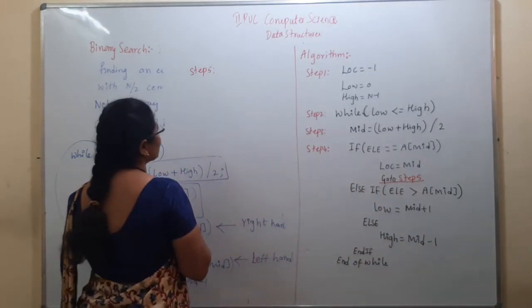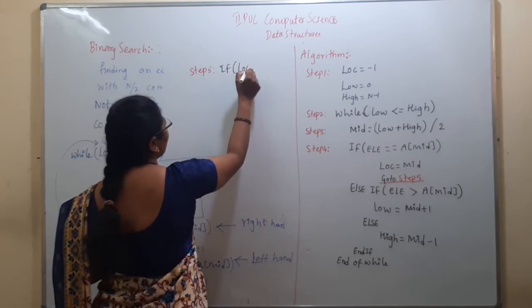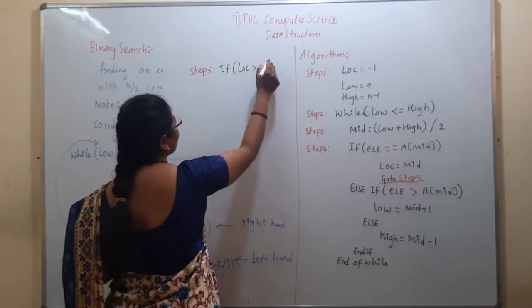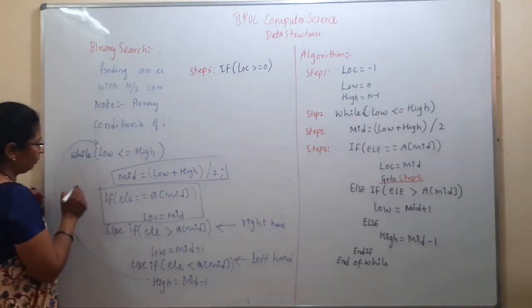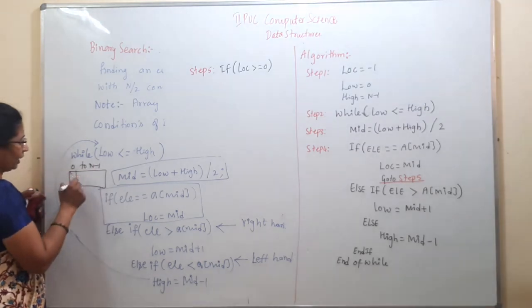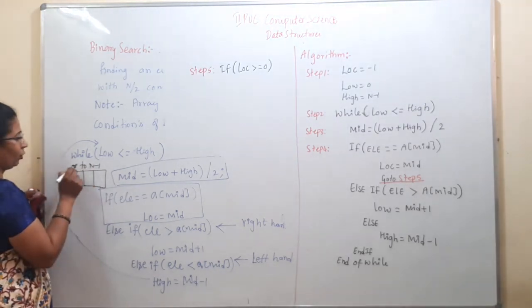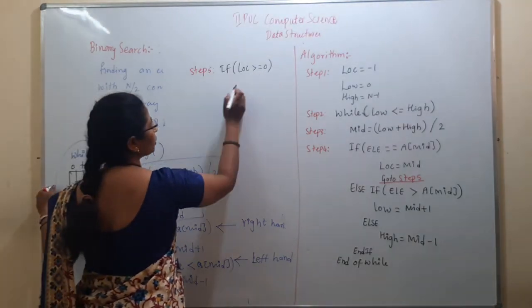So what is the condition? Here, if particular location is greater than or equal to 0, then the element is found in the range 0 to n minus 1. If the element is found at n minus 1, it is possible for the location to be 0. Hence it is equal to 0.